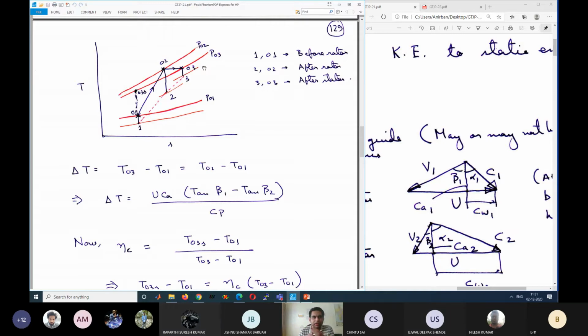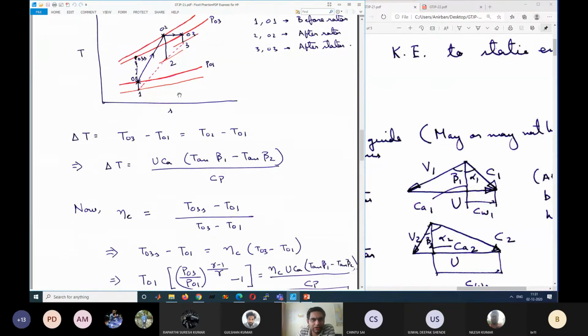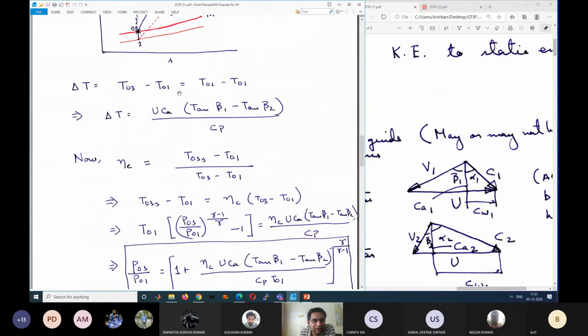On point 02. And where will point 3 be? Higher than 2, on the same line 2 to 02. So this is the actual case. In the ideal case, 03 will coincide with 02, but 3 will be higher than 2. So I think now it's clear.